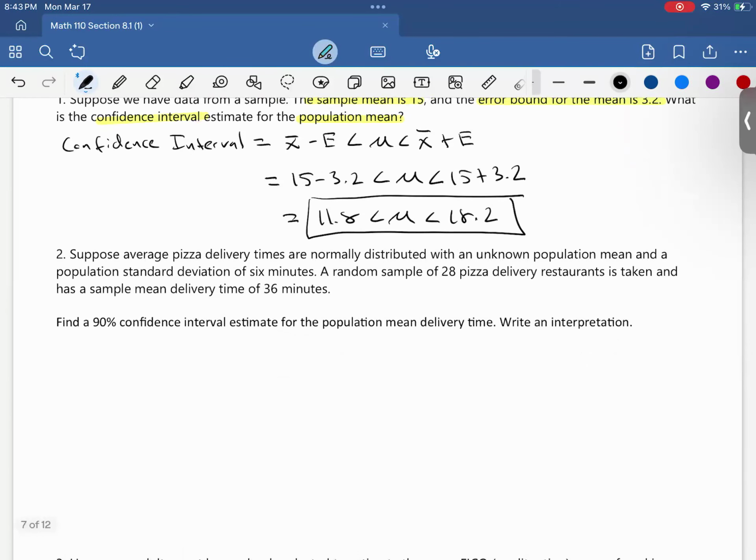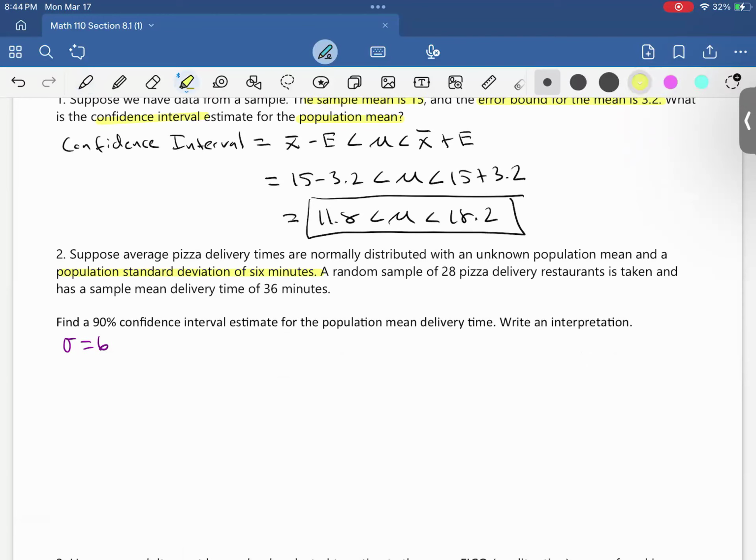So number two says, suppose average pizza delivery times are normally distributed with an unknown population mean and a population standard deviation of 6 minutes. Okay, so that means sigma equals 6. That's our population standard deviation.